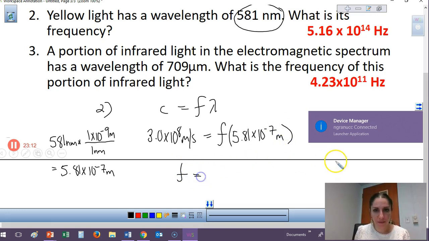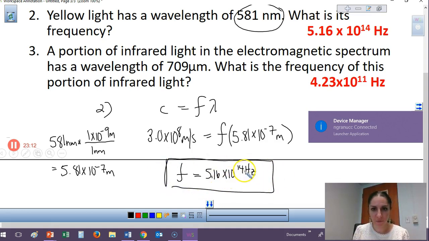So frequency will be 3.0 times 10 to the 8th divided by our wavelength. And there you have it. 5.16 times 10, excuse me, 10 to the 14 hertz. Boom.